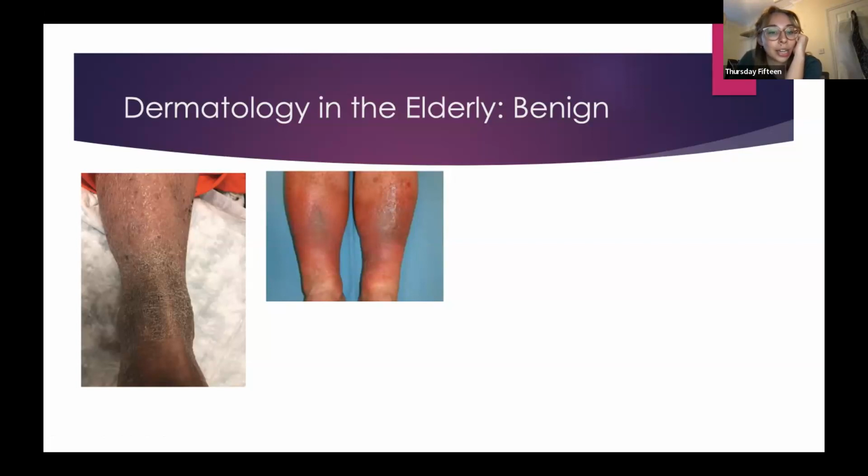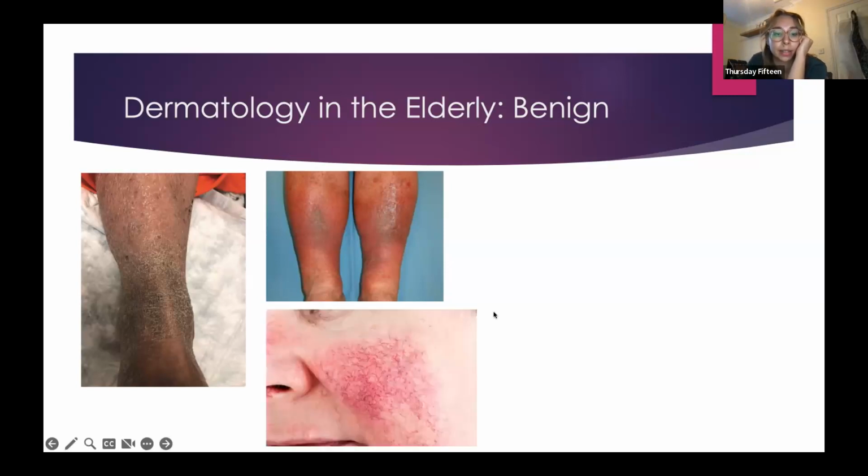So they're chronic changes on the lower legs consistent with venous insufficiency. So it's swollen, it's dry, it's discolored and cracked. If that was hot, it might cross your mind that it could be a cellulitis. But I've given you a clue by saying it's benign. And so it's quite common to see chronic skin changes with venous insufficiency.